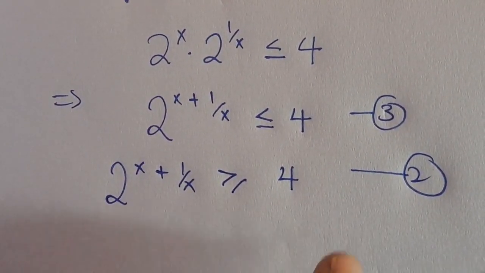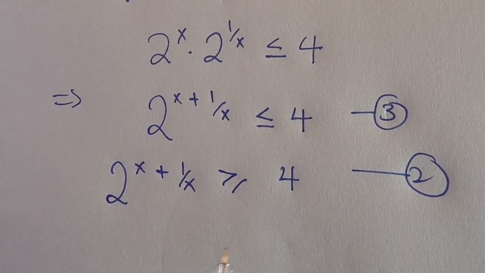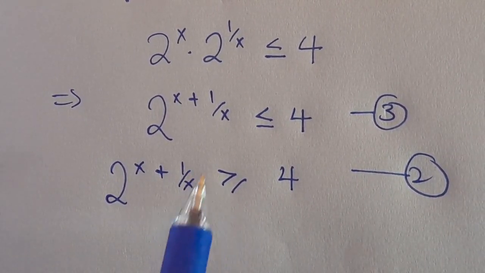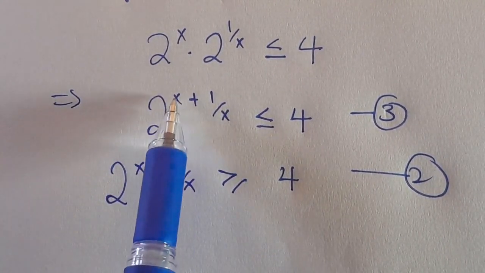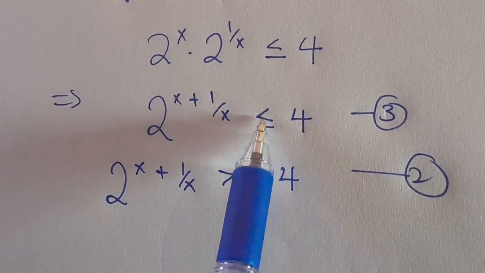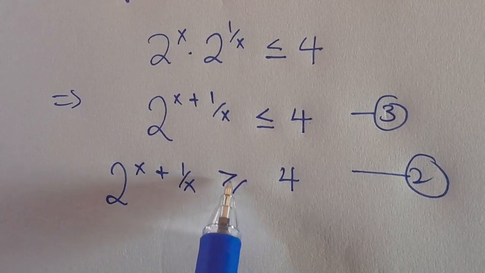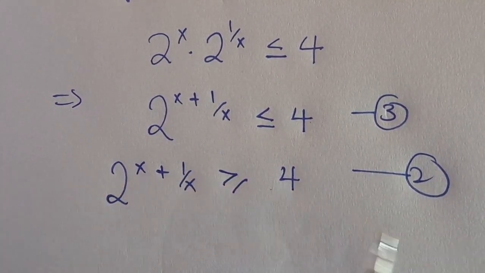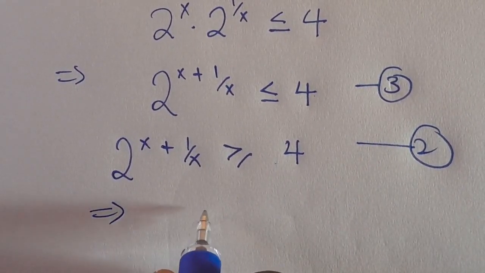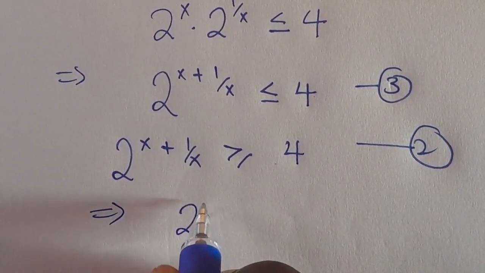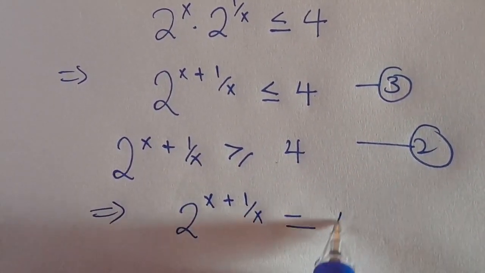Now, it seems like we have a contradiction, but there is no contradiction in this. In the inequality, when you have 2^(x + 1/x) less than or equal to 4 and also greater than or equal to 4, this implies that 2^(x + 1/x) can equal 4.